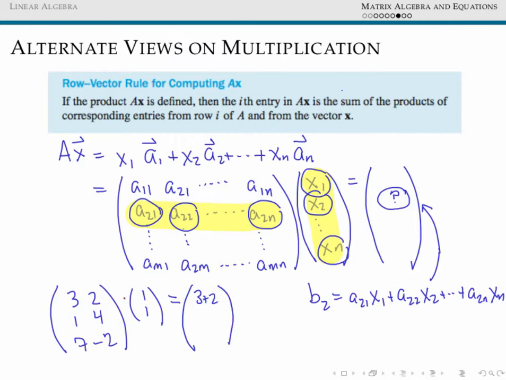We take the product of 1 and 1 and 4 and 1 to get 1 plus 4. And our product of 7 and 1 and negative 2 and 1 to get 7 minus 2. So our product in this case would become 5, 5, 5, coincidentally enough. So this is a way to just envision, term by term, how to compute this product of a matrix and a vector.